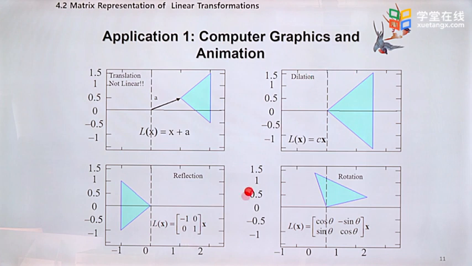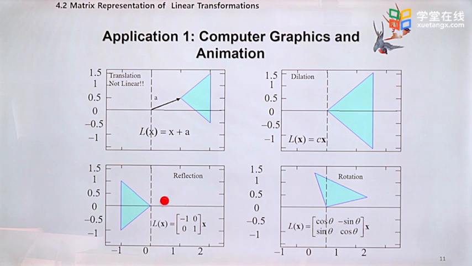You can also use this matrix times x. This matrix is minus 1, 0, 0, 1. If you have this matrix times x, the first component of the new vector is the negative value of the original first coordinate, and x2 keeps unchanged, so it is a reflection with respect to the x2 axis.